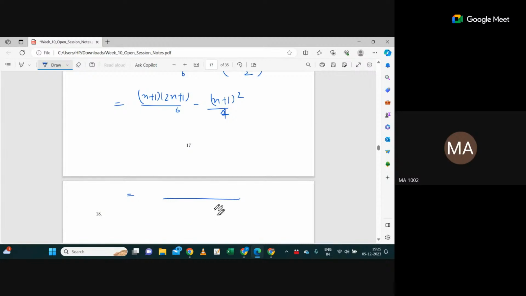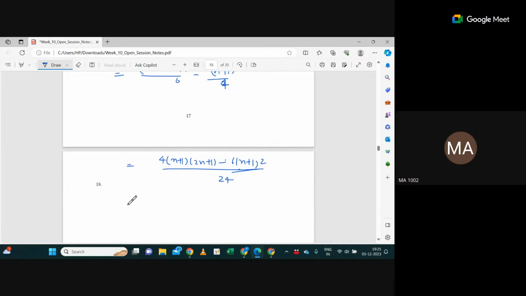I think I can simply do 12. You can simply cross multiply, right? It will be 4 times n plus 1, 2n plus 1 minus 6 times n plus 1 whole square, divided by 24. So I can take n plus 1 as common, right?